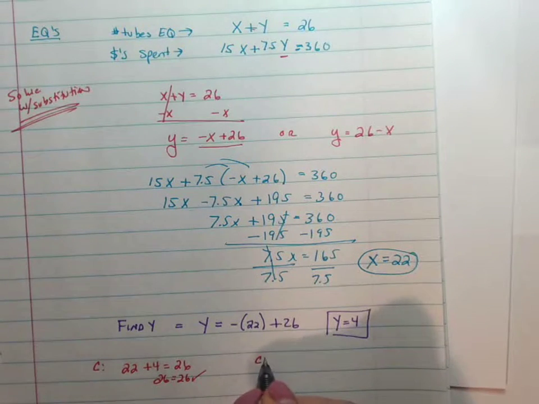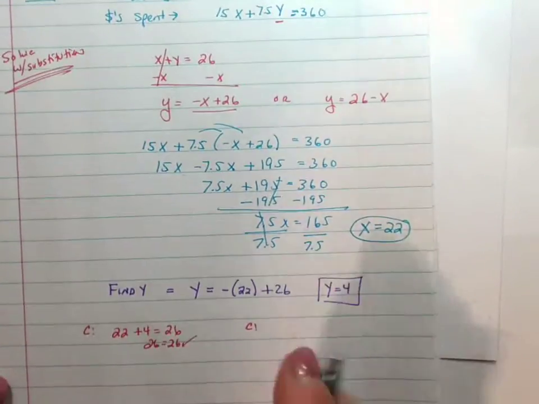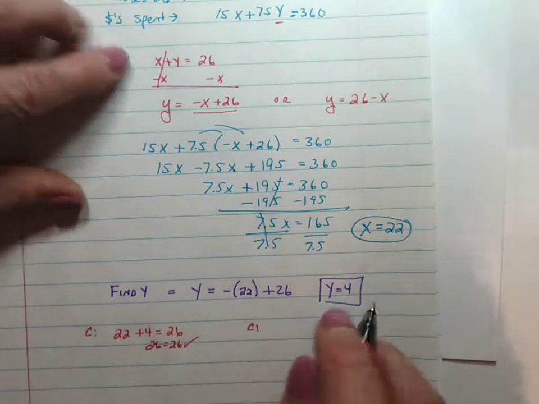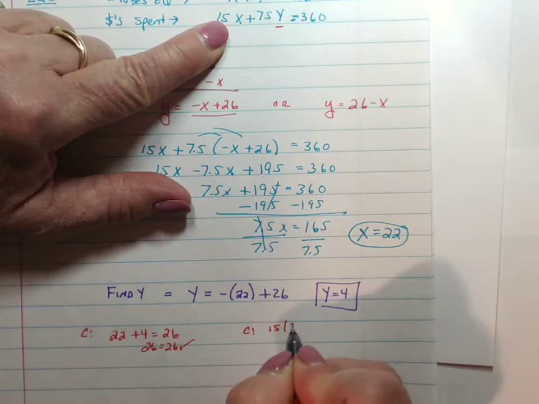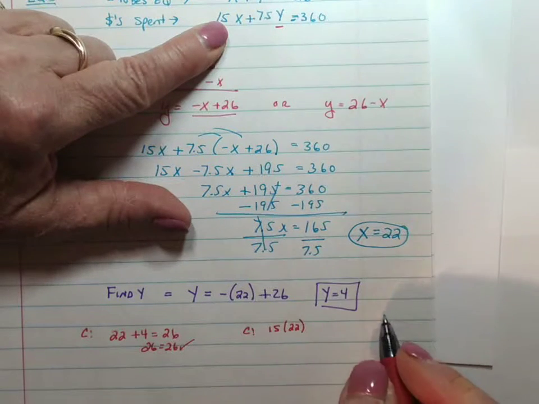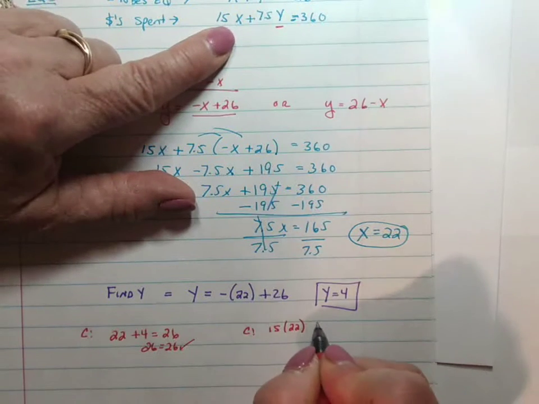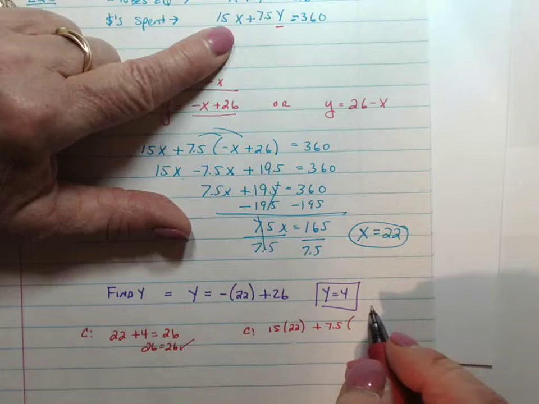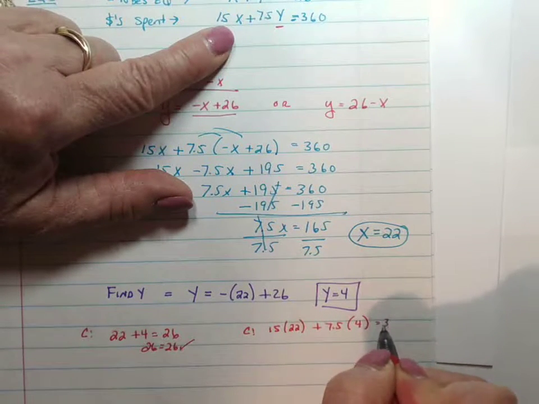Then we check the other equation. The other equation, we're going to have 15 times the 22 people, or the 22 regular tubes, plus 7.5 times 4 equals 360.